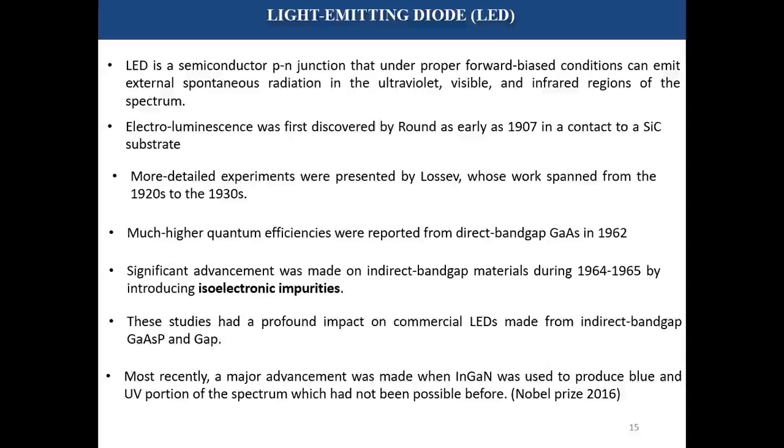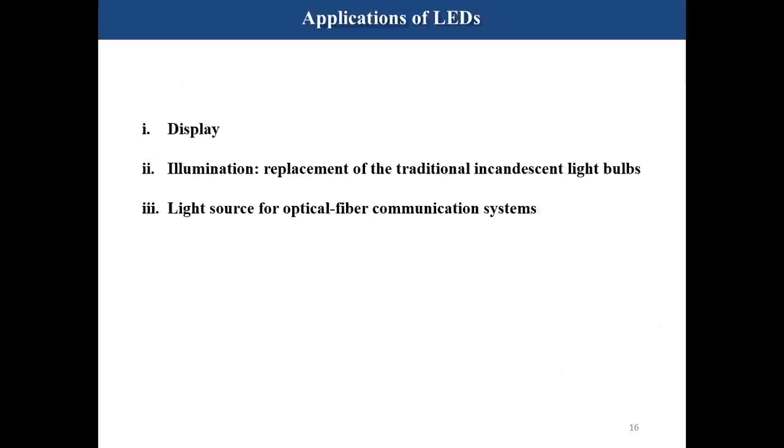These studies had a profound impact on the commercial LEDs made from indirect bandgap gallium arsenide phosphide and gallium phosphide. Most recently, a major advancement was made in indium gallium nitride, used to produce the blue and ultraviolet portion of the spectrum, which had not been possible before. So that is where there was another Nobel Prize in 2016.